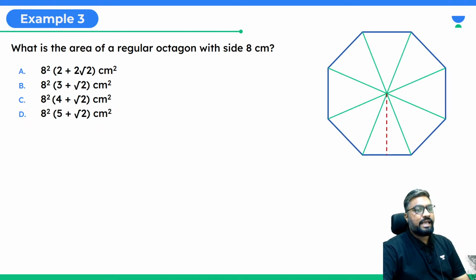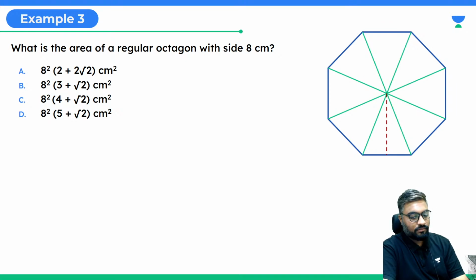Try this. What is the area of a regular octagon with side 8 centimeters? Quickly try this.